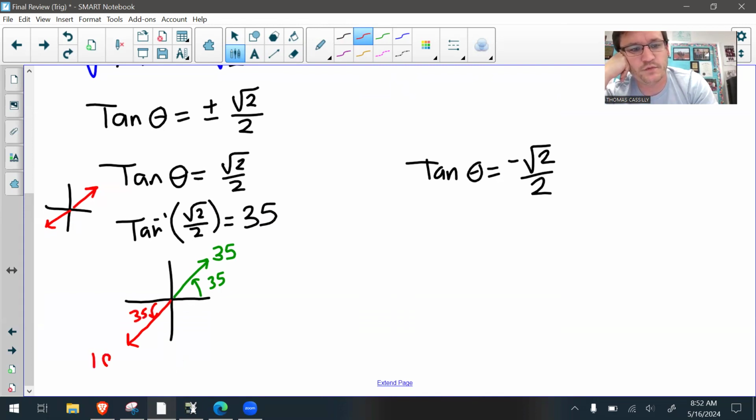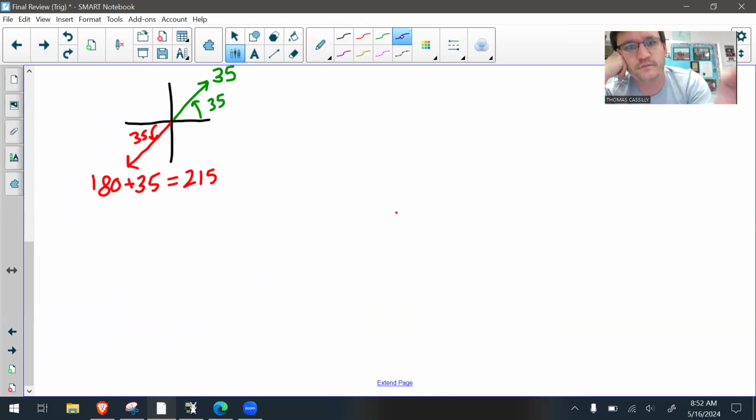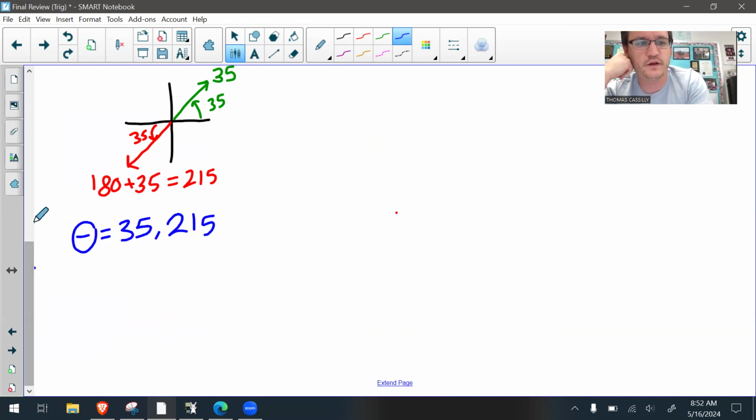So we're going to have 180 plus 35, which is going to give us I want to say 215. All right. So the two answers for the positive version of this one, we have theta equals 35, and theta is 215, right?